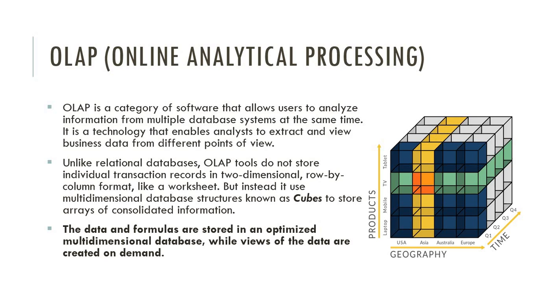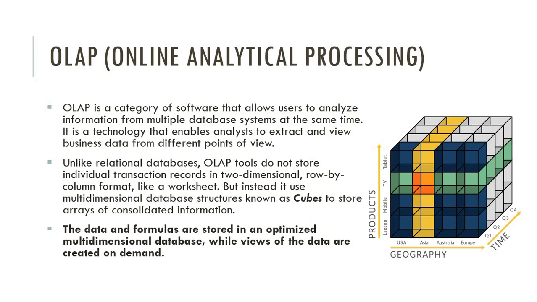The purpose of OLAP is analysis. When a company needs to analyze the business, they need an OLAP. OLAP is a powerful data discovery tool designed to enable users to perform a multidimensional analysis of data. It consists of software tools that are used for the analysis and to make a business decision.